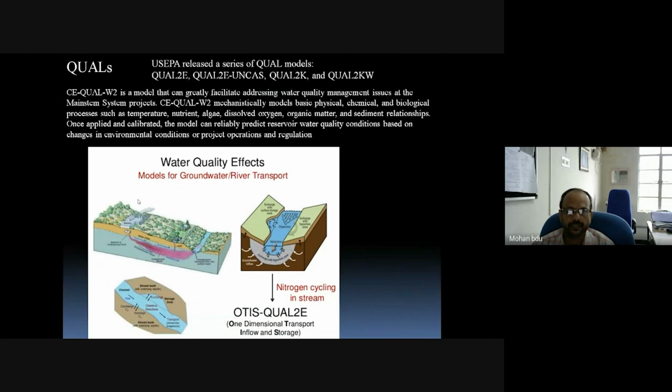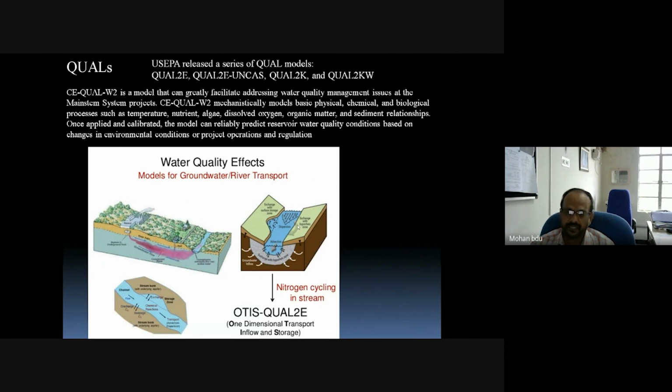You can see here in this picture, it is a model that can greatly facilitate addressing the water quality management issues at the mainstream projects. It mechanistically models the basic physical, chemical, and biological processes: temperature, nutrient, algae, dissolved oxygen, organic matter, and sediment relationship. Once applied and calibrated, the model can reliably predict the reservoir water quality conditions based on the changes in the environmental conditions or the project operation and regulation.